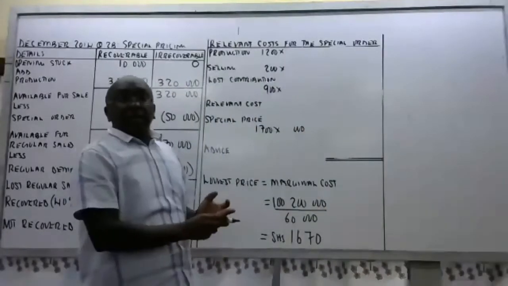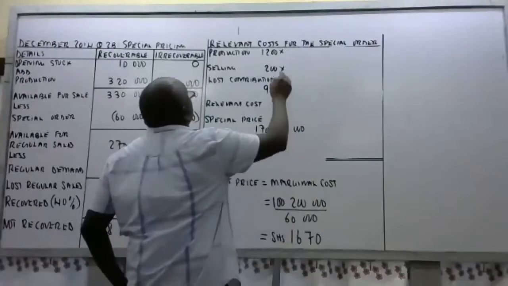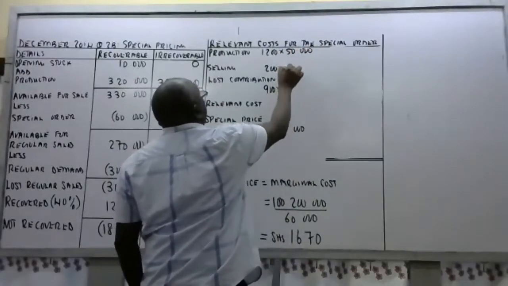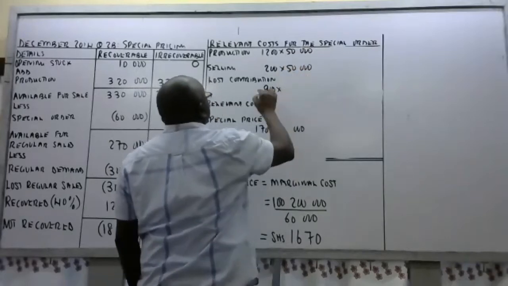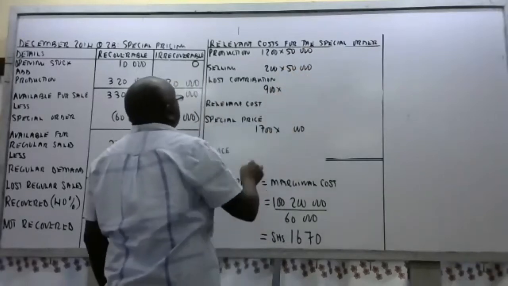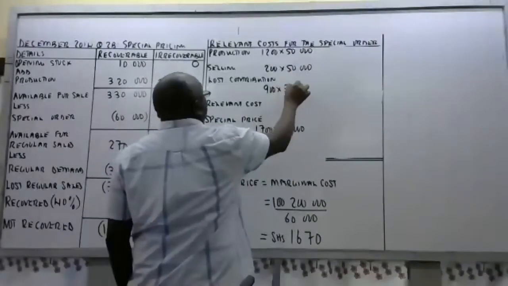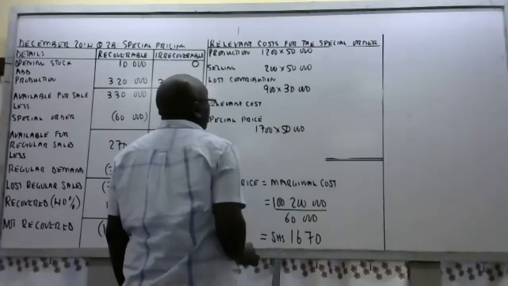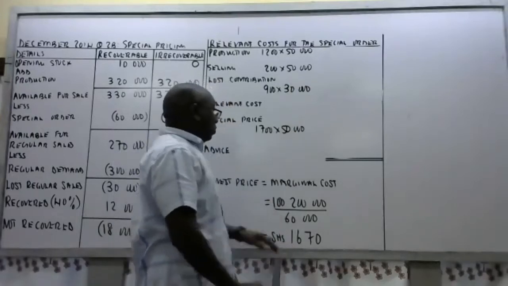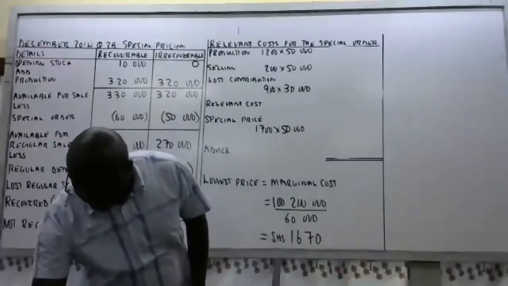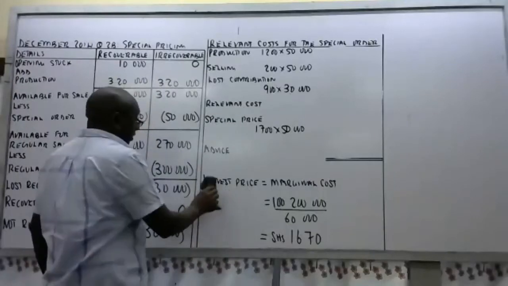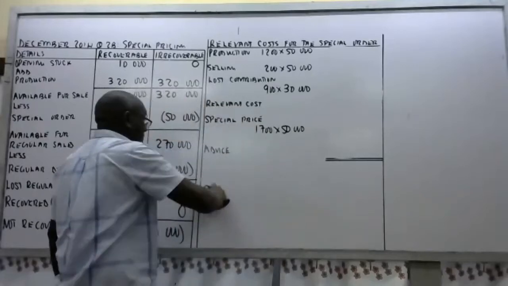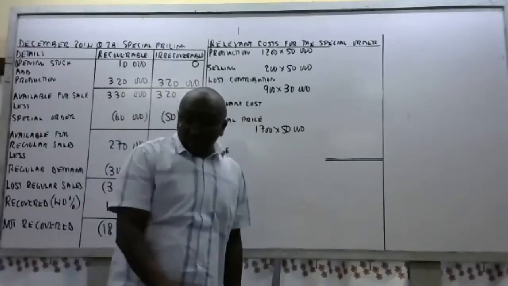So you will just arrange it like this. Here production will be by 50,000. Then here also 50,000. Here the lost contribution now will be for 30,000 instead of 18,000. And here the revenue will be 50,000. Then you will tell me whether we should accept or reject. Do the same on your own.